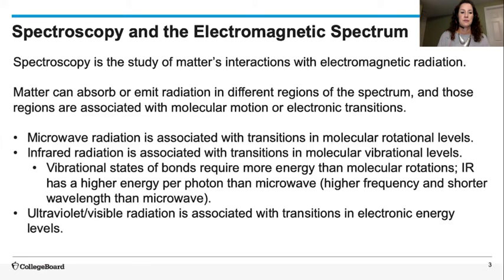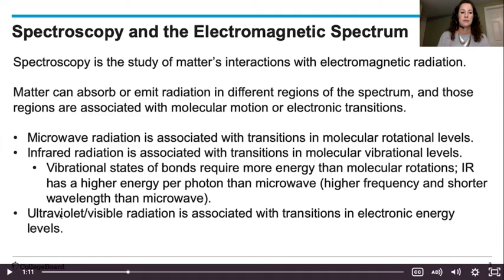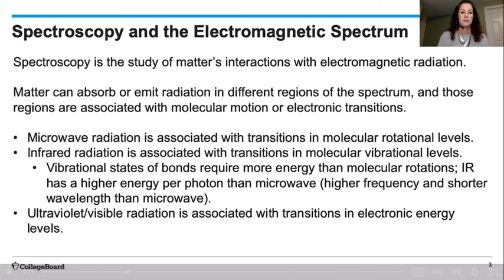So those molecules in there are vibrating. And then ultraviolet and visible radiation, that's when we talk about those electrons moving up and down from each energy level. As they move up an energy level, they're absorbing energy, and as they move back down, they emit energy. And the electromagnetic radiation spectrum, she's going to show it in a little bit, but we have to know roughly where everything is on that spectrum.